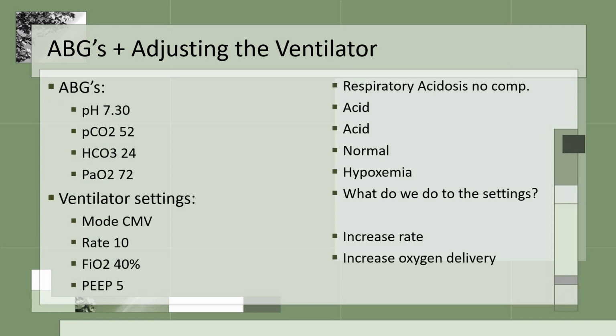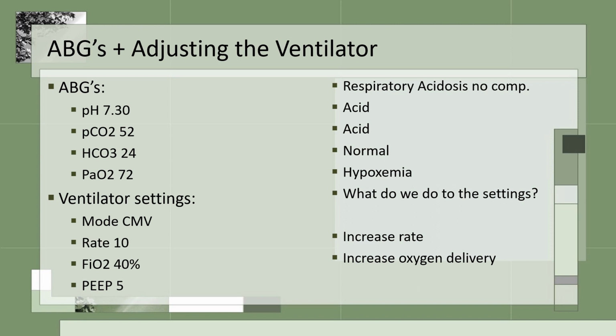So this patient has respiratory acidosis. They are not compensated. So what are we going to do to the settings? The only things, like I said, we can change or suggest changes to are the rate and the supplemental oxygen. So what do we know about respiratory acidosis? We know that the patient is not breathing enough.